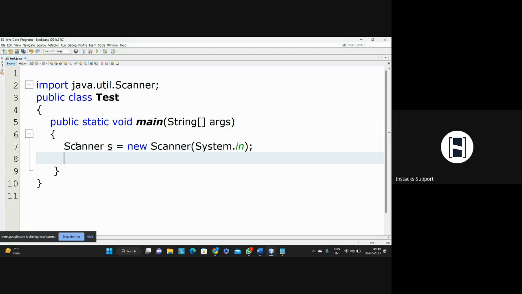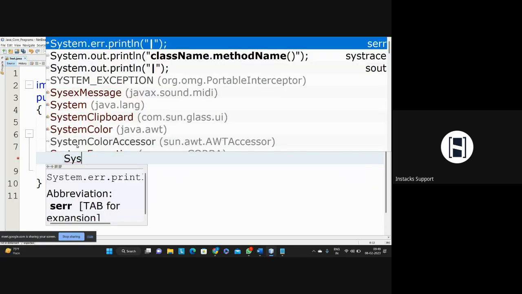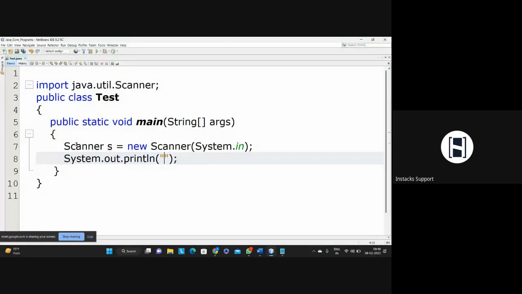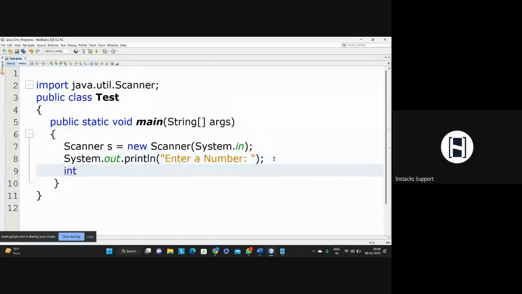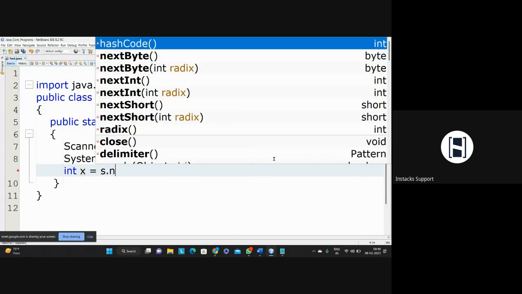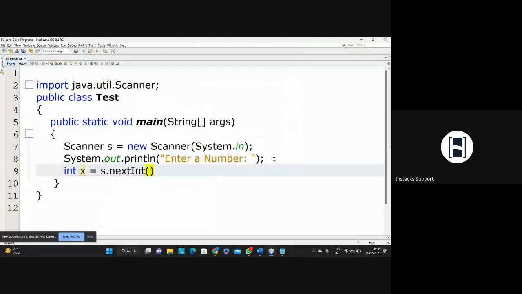Next step, read a value. Read a number. So let us just say System.out.println, enter a number. Then I'm going to store this number inside x is equal to s.nextInt().